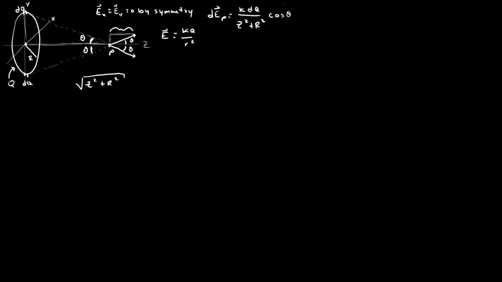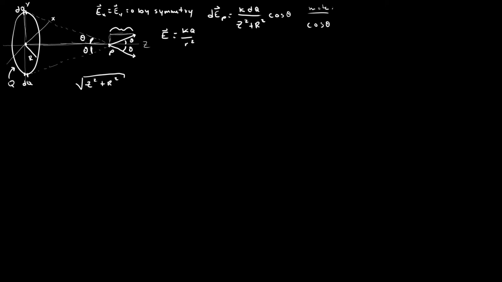Now this isn't really a very elegant equation, because we have a theta in here, and we have the dq and stuff, so we need to write this in simpler terms. We can use trigonometry to find a better way to write this. If you do a little trig, you can find that cosine theta is equal to z over the square root of z squared plus r squared.